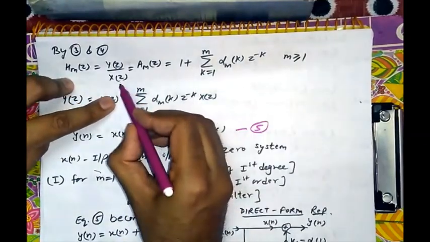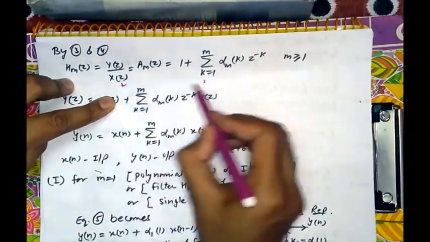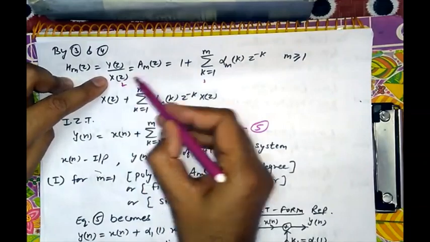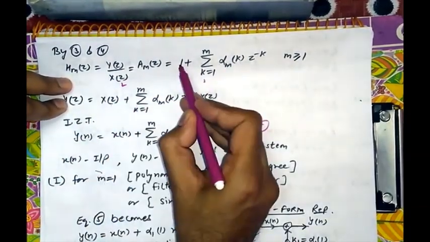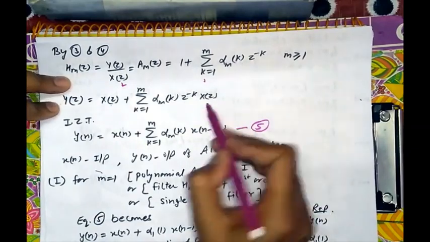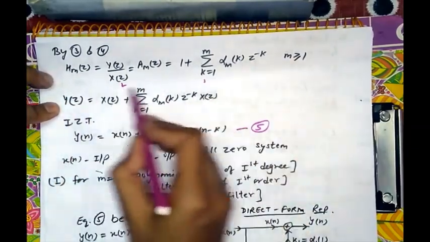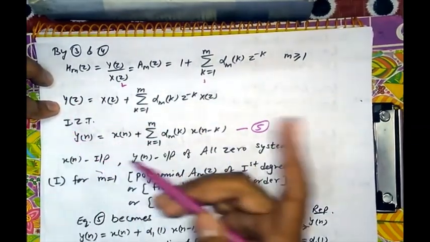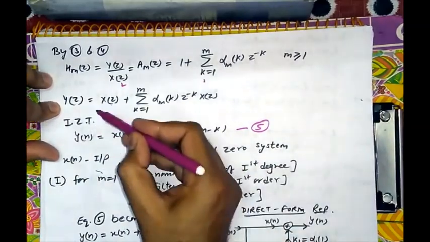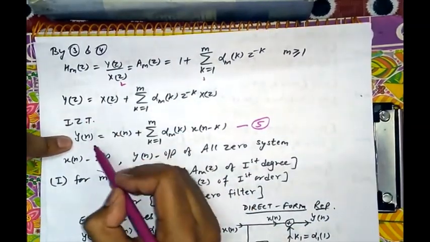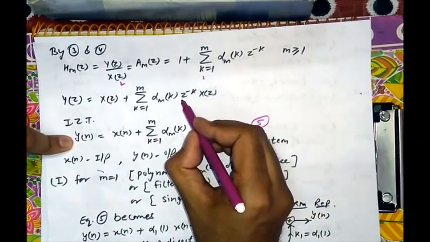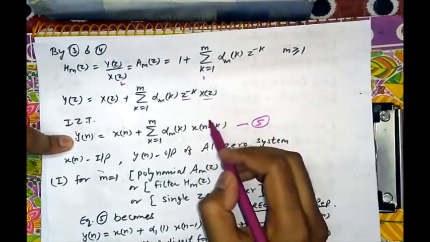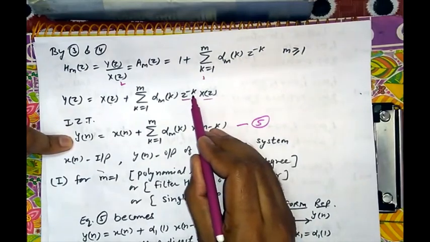So taking these two equalities and using cross multiplication, Y(z) equals X(z) times this expression, that is the z transform of output y. Taking the inverse z transform, we get y(n) from X(z), which corresponds to x(n), and applying the shifting property, X(z) is multiplied with z to the power minus k.